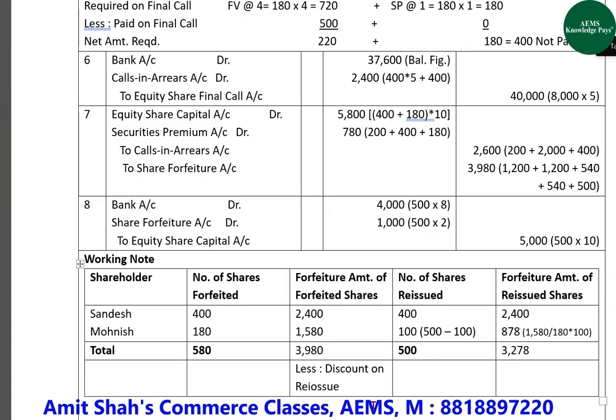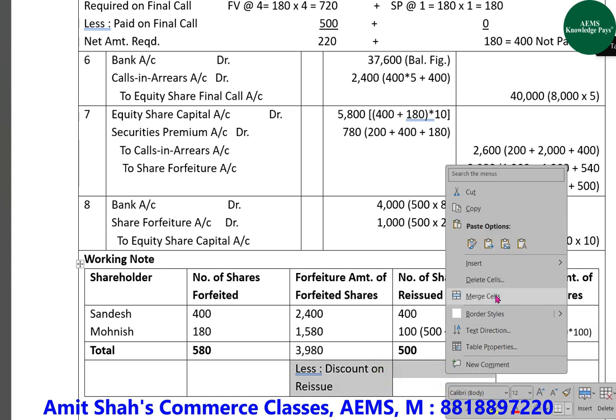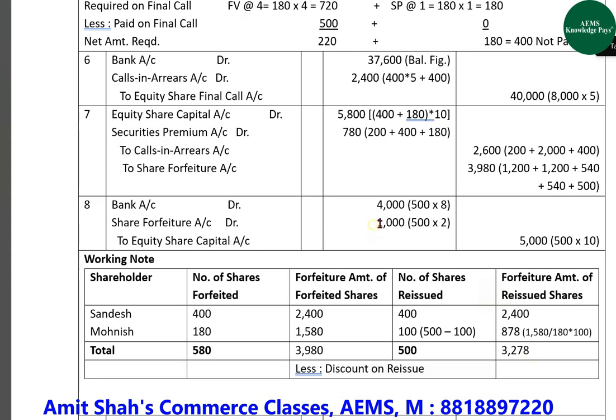It means on the 500 shares that we are reissuing, we have already earned 3,278. The shares that we are reissuing, that is 500, on these shares we have already collected, as far as face value is concerned, 3,278. While reissuing these 500 shares, we have given a discount of rupees 1,000.